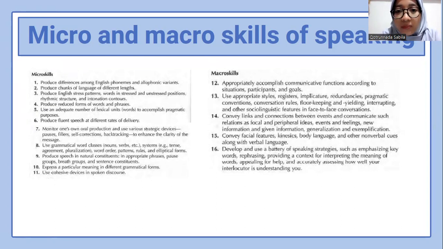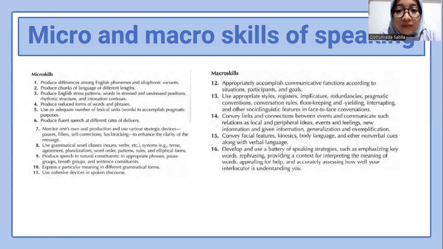And then here we have the macro skills. This is to appropriately accomplish communicative functions according to situations, participants, and goals. And then use appropriate styles, register, implicature, redundancies, pragmatic conventions, conversation rules, floor keeping and yielding, interrupting, and other sociolinguistic features in face-to-face conversation.